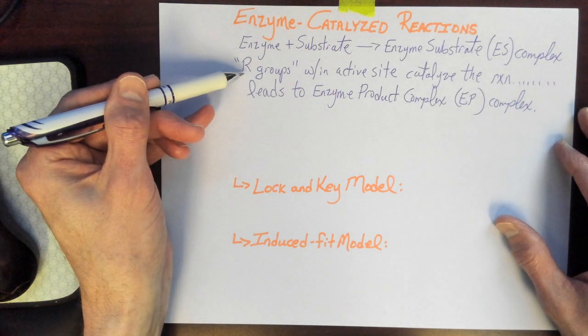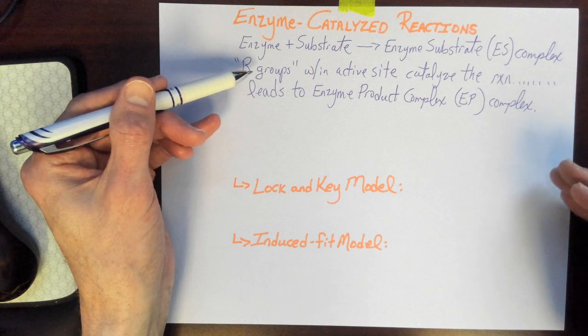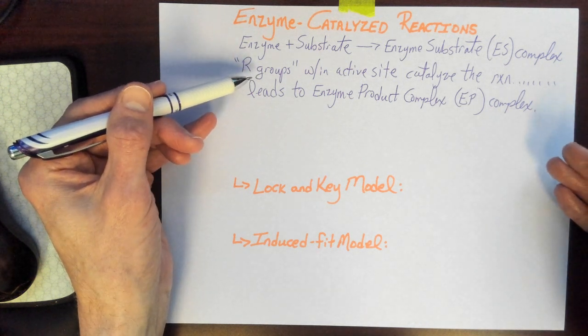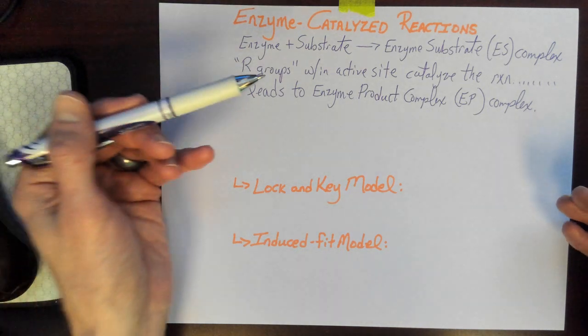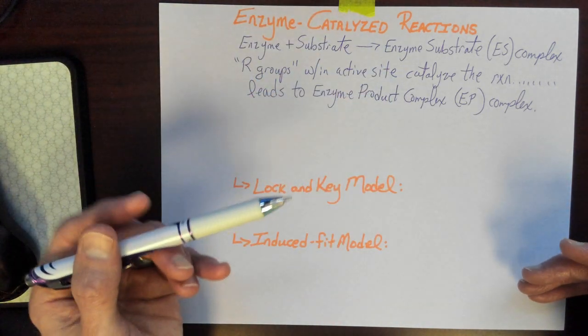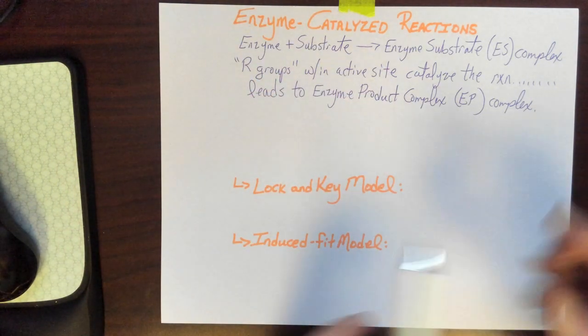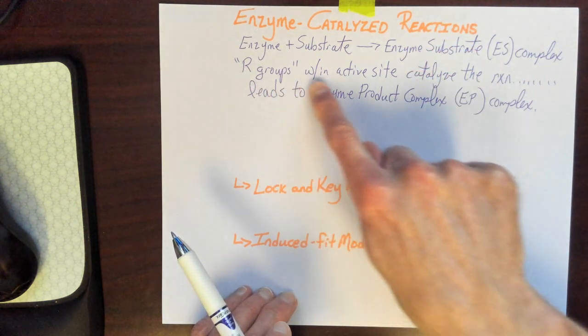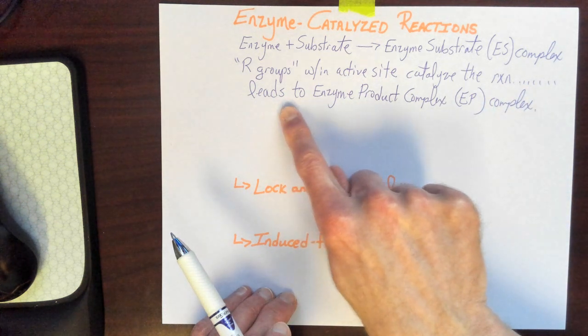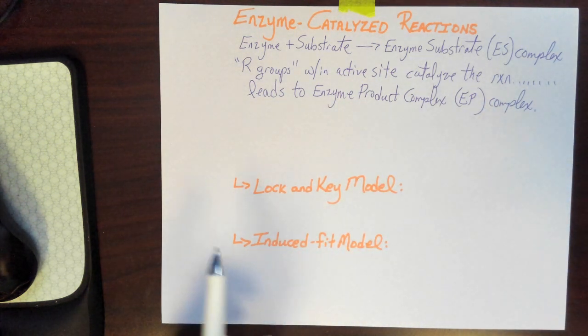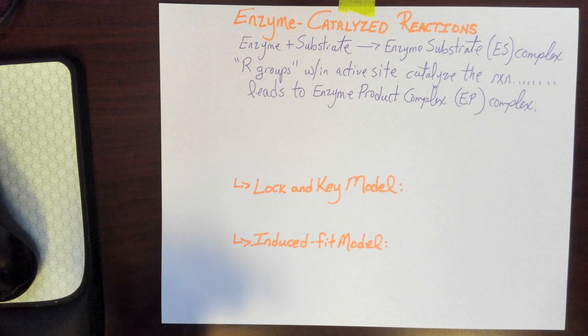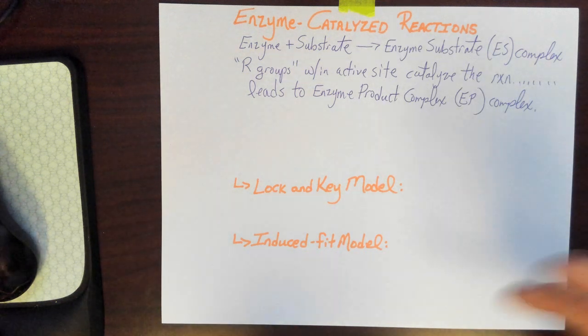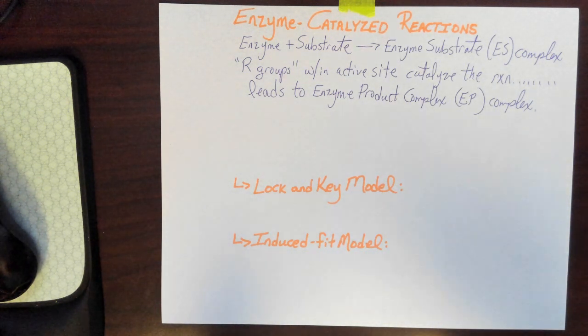The R groups within those amino acids are still available, and so another substrate can move in, lock into place, repeat the ES complex, repeat the catalyzing of the reaction to make the EP complex, and then the release of the product. Okay, so it can continue over and over and over, cyclic, like an assembly line, continuous, repetitive process.